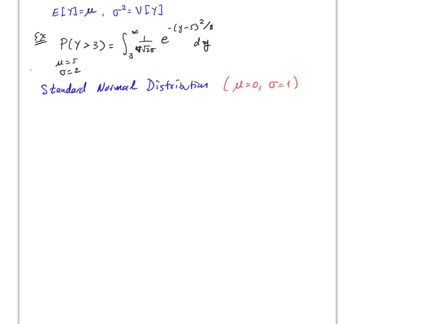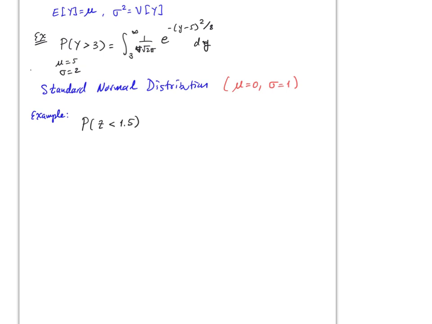Let's say that you want to find this probability. So let's say this is an example. We're going to focus on the standard normal because the table only has standard normal values. So let's say you want to find the probability that z is less than 1.5.